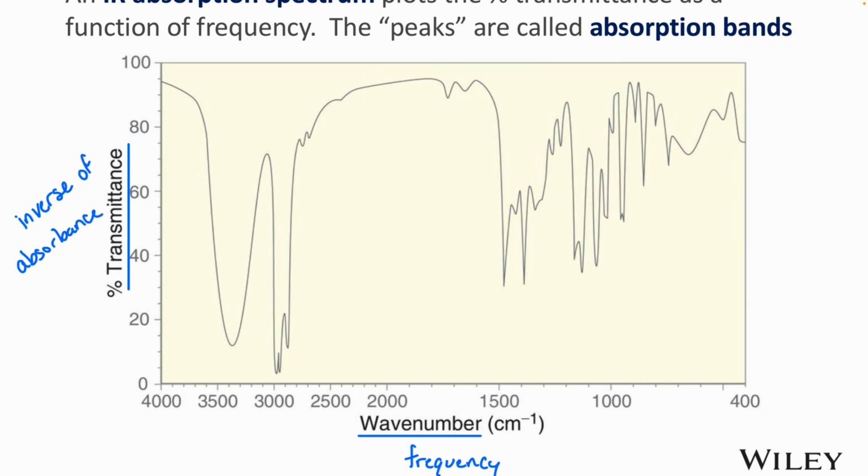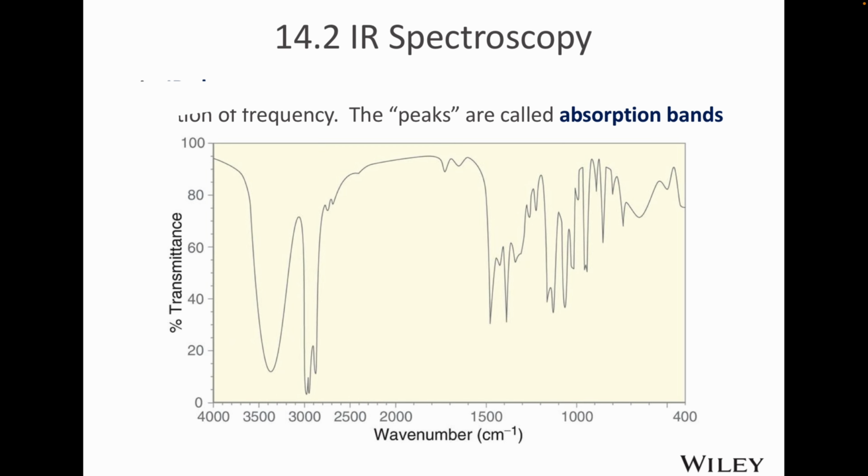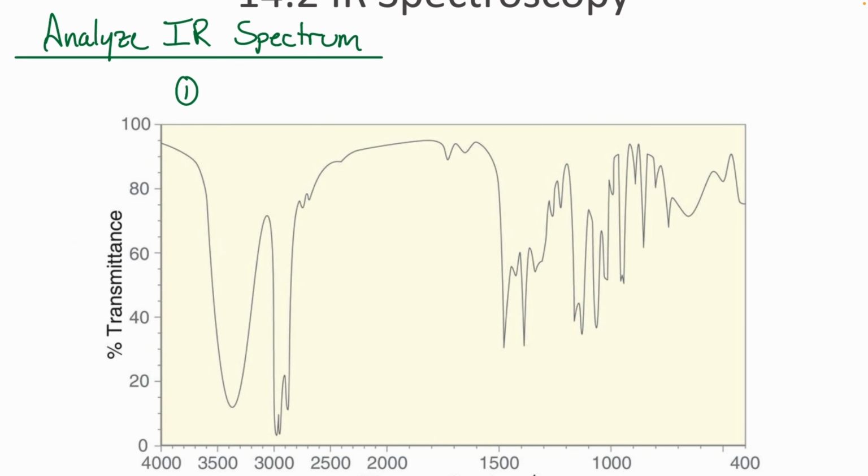Let's say I go to the machine, and it spits me out a graph that looks like this. How am I going to analyze this spectrum here? All right, step one is we're going to cut it up into those different bonding regions that we talked about.